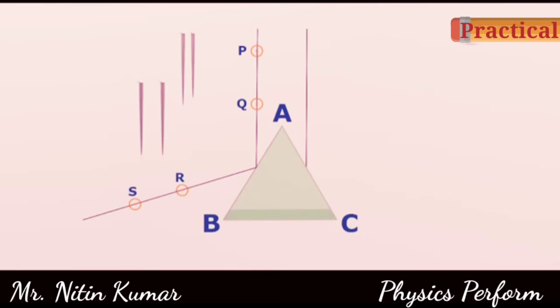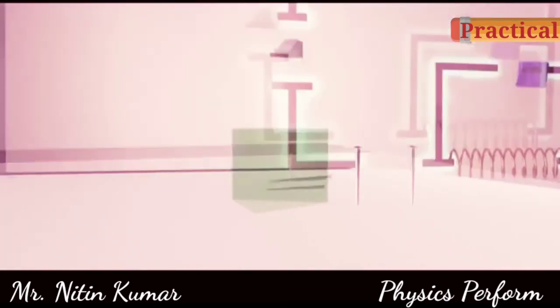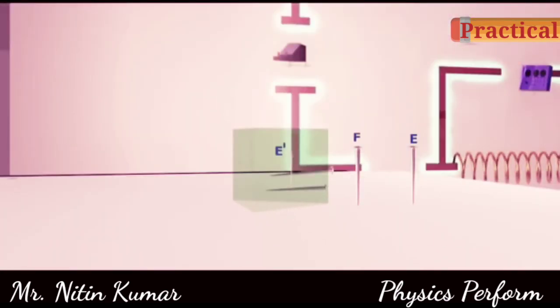Now, we repeat the same procedure on the surface AC, so that the reflected images of E, F and pins G, H all lie in a straight line without any parallax.